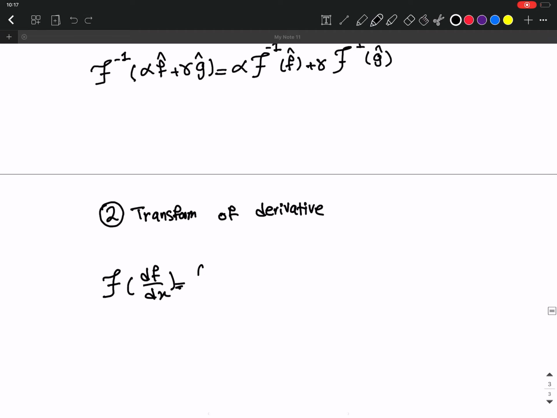So it's going to be the integral from minus infinity to infinity of, instead of df over dx, I'm going to just write f prime x to show the derivative, and then multiply by e to the i beta x dx. Okay, so let's see what it is, and I want to find a property for this. I'm going to write this as equation 1.